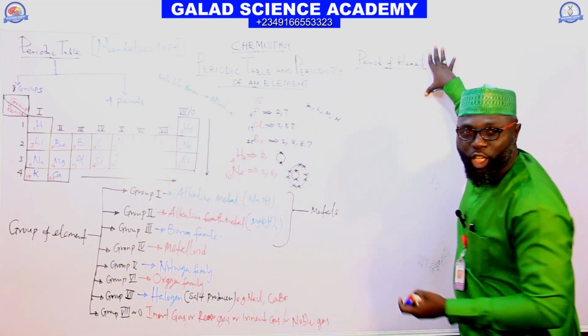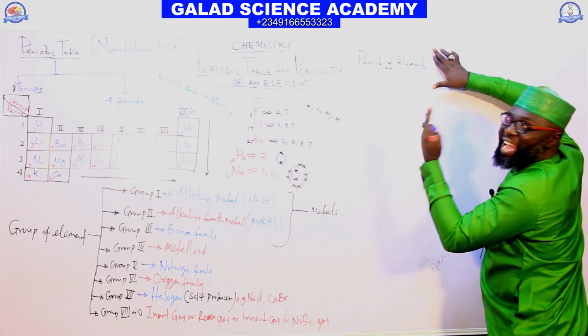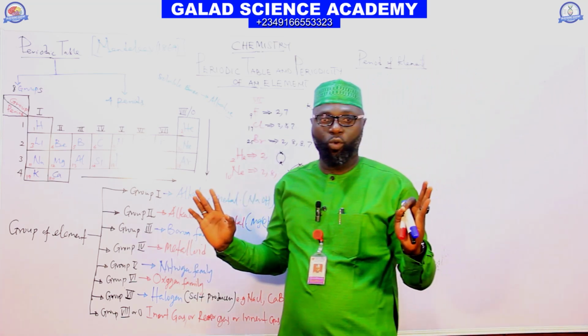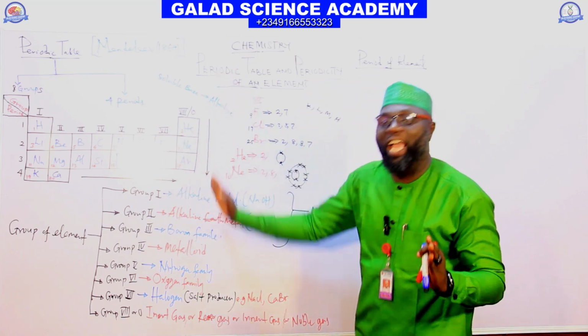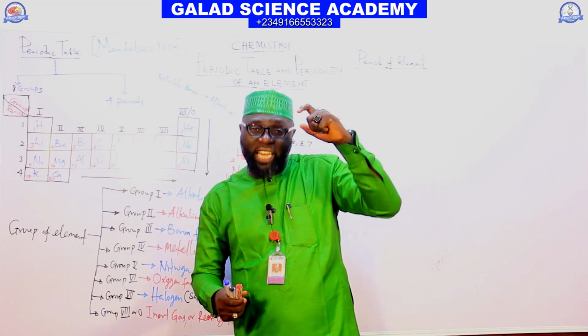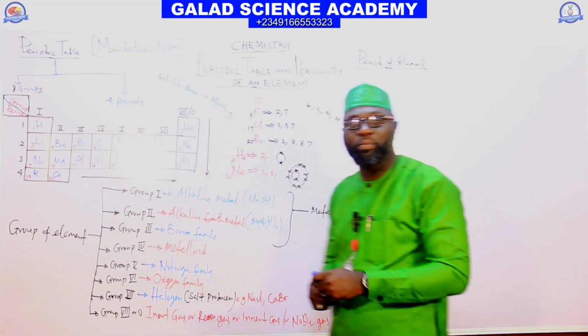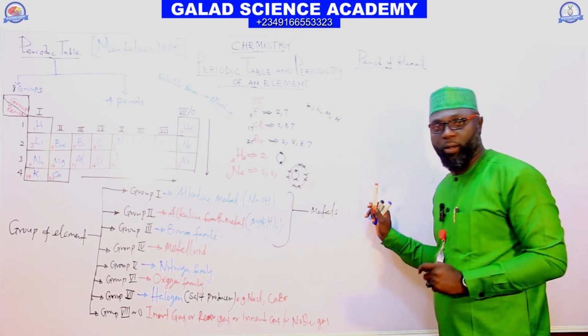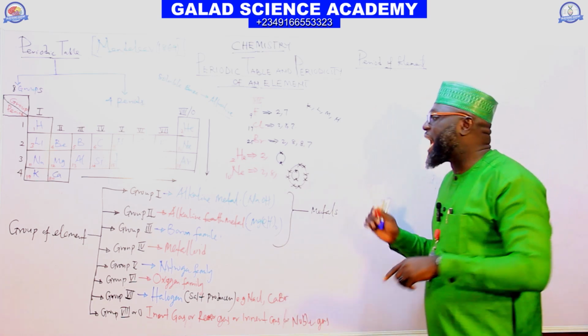So the period is the horizontal arrangement of elements in the periodic table, while the group is the vertical arrangement. The group and the period of an element can be determined by counting electrons.